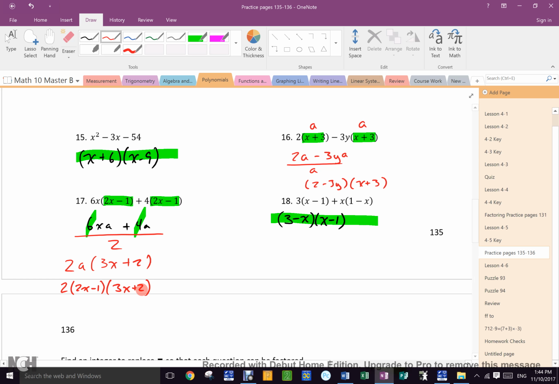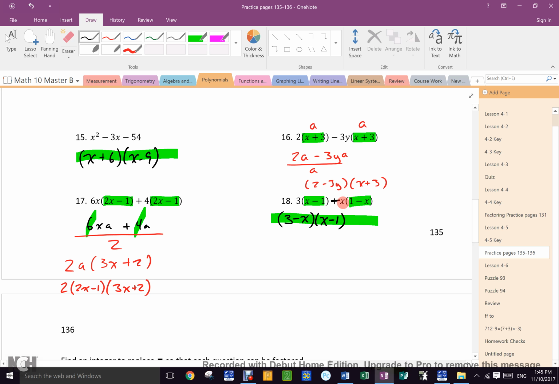Everybody okay? And what's the trick with 18? Because these guys aren't the same, but they look pretty similar. Divide by negative 1, which changes these signs, right? And what does it do to that sign? Makes it a negative.